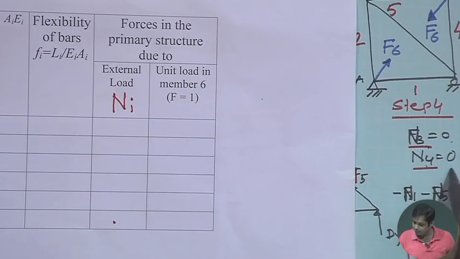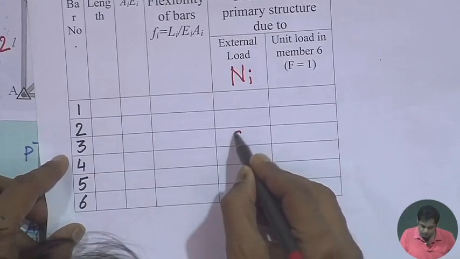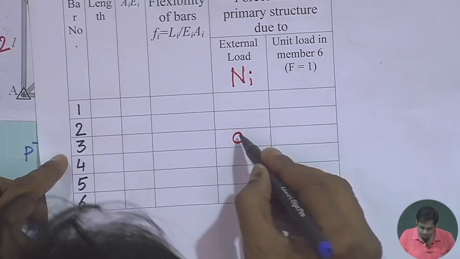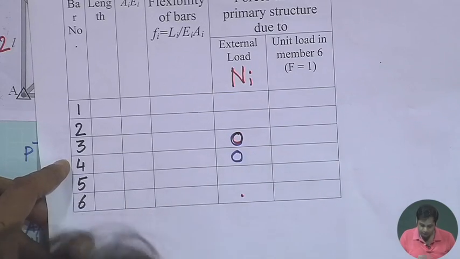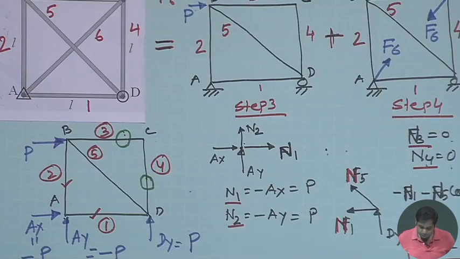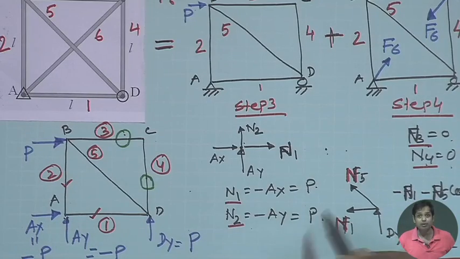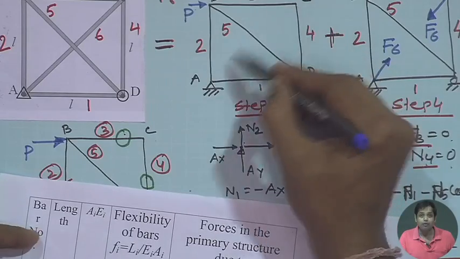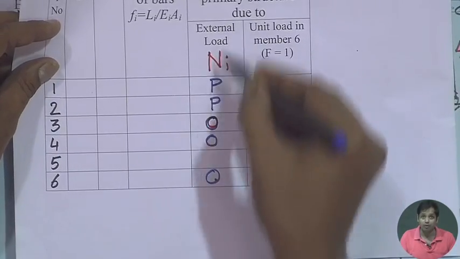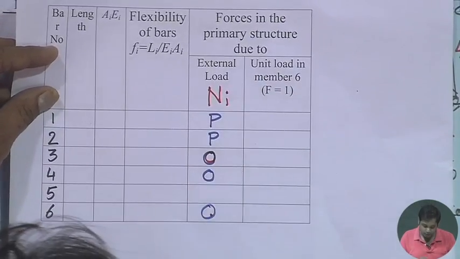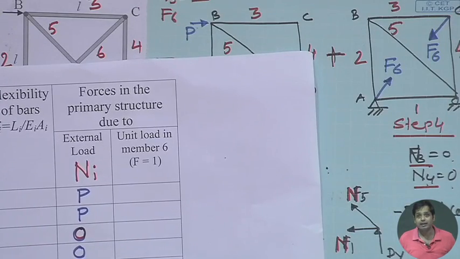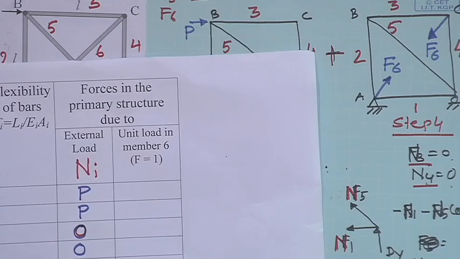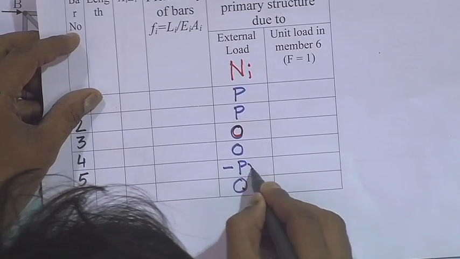Just now we determined that N3 is equal to 0 and N4 is equal to 0, and N1 is equal to P, N2 is equal to P. N6 will be 0 here because there is no N6 due to external load, and finally N5 we obtained as minus P root 2.